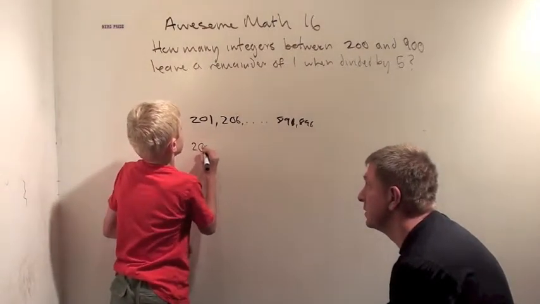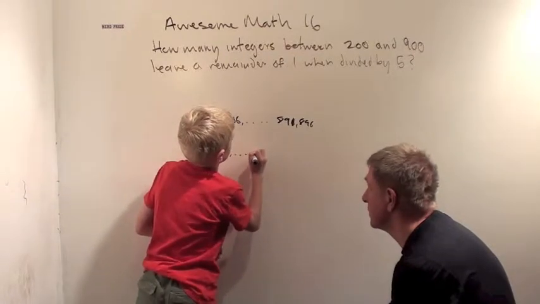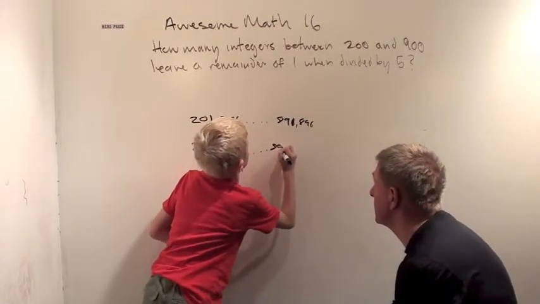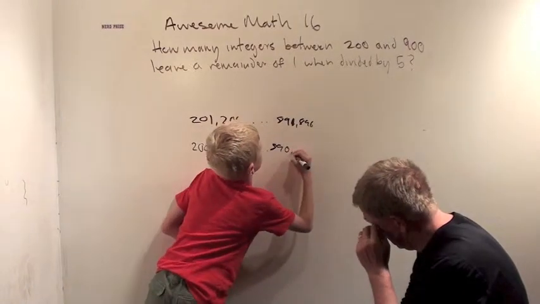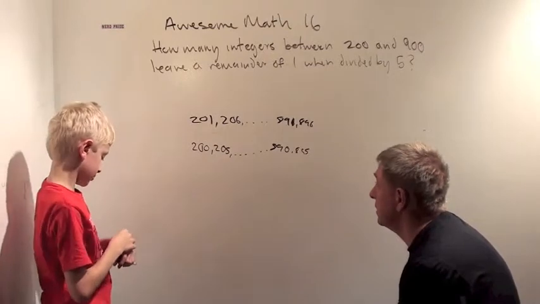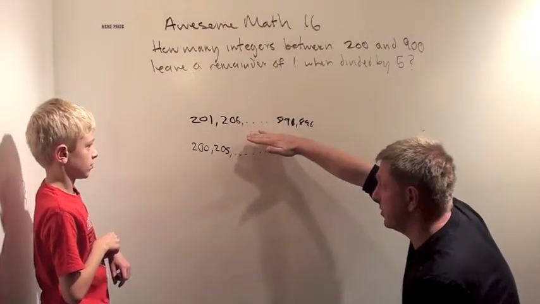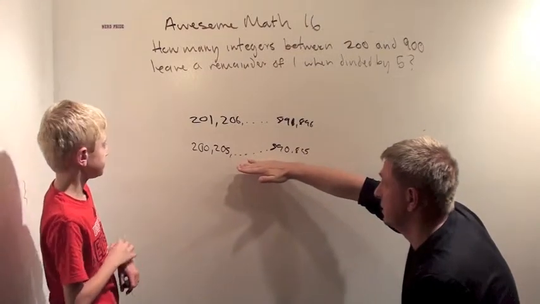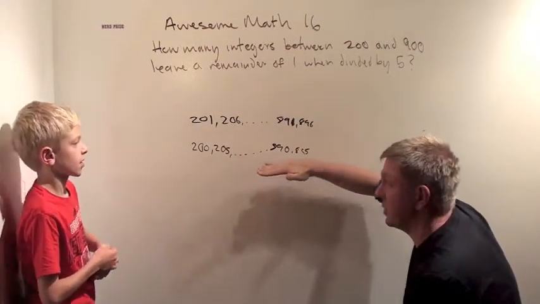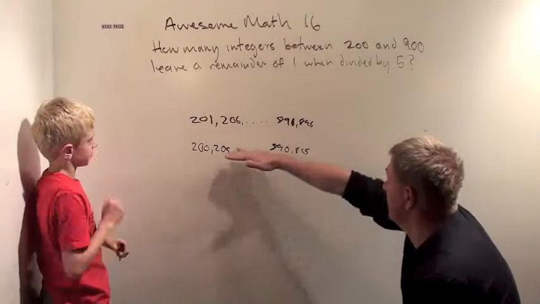So, 200, 205, all the way up to 890, 895. So we could just say, hey, this list is going to have the same number of numbers as this list, just subtracting 1. When I subtract 1 from each number on the list, it doesn't change how many numbers are on the list. Yeah. Okay, good. How does this list help us?